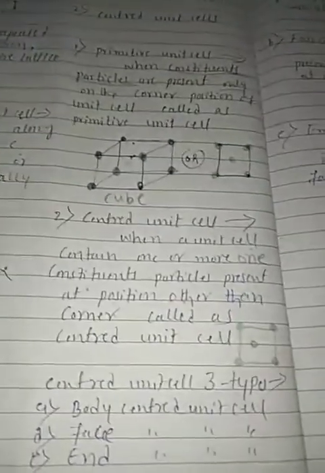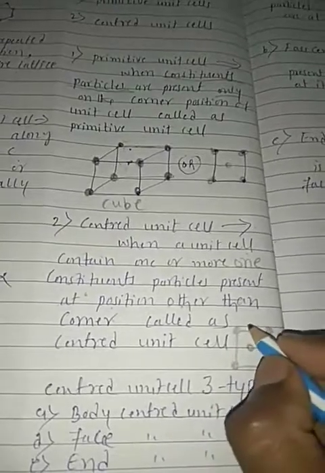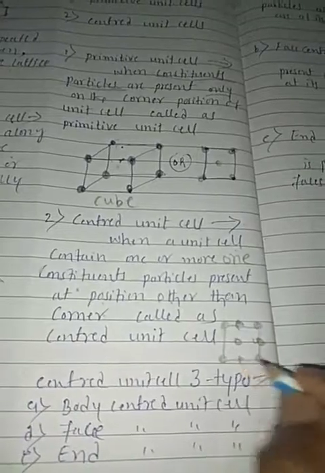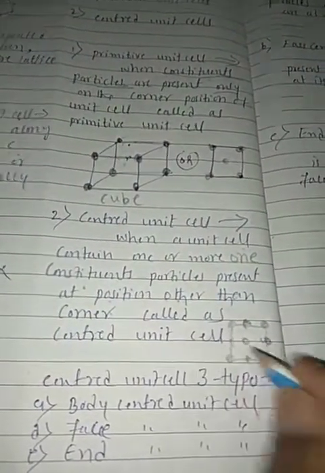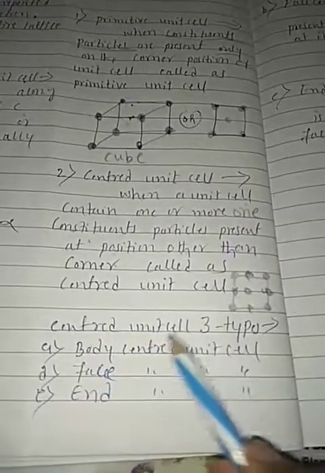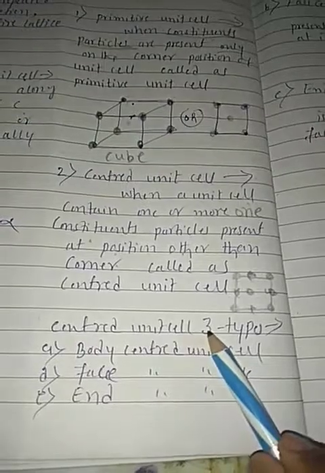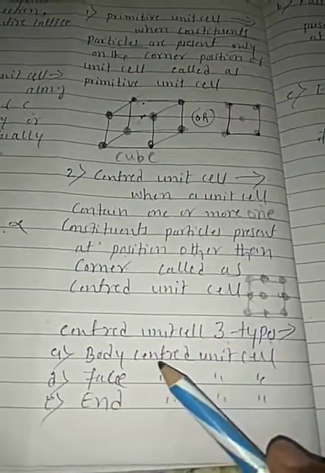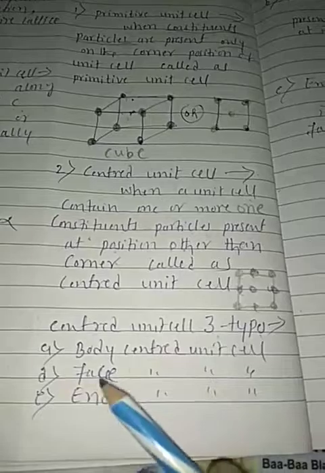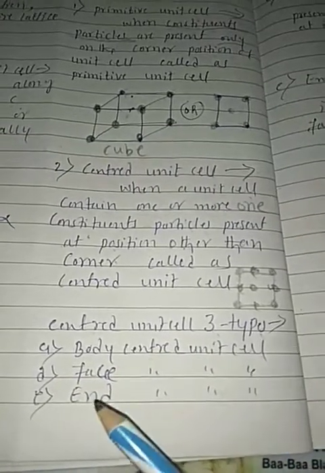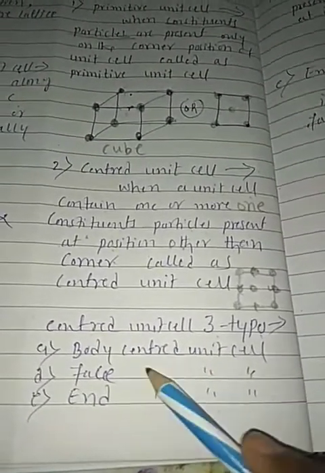Right, students? So the centered unit cell is again classified into 3 types: body centered unit cell, face centered unit cell, and end centered unit cell.